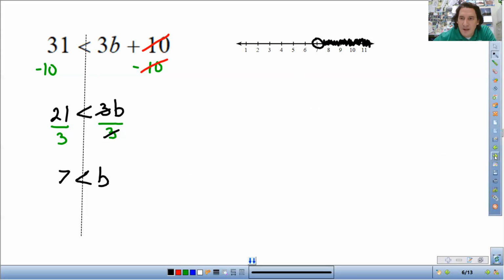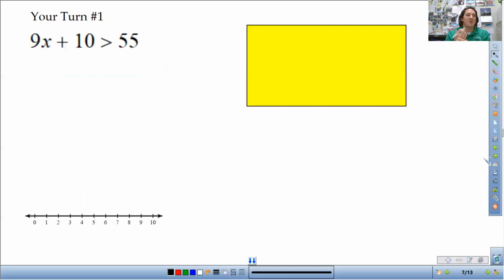All right, next example, why don't you do this one by yourself. You can pause the video. I'll work through it right now, and then when you're done, start the video again, and you can check your answer. First thing I'm going to do, line of separation. Now I'm going to eliminate the things on the same side as the x. So my first step is going to eliminate the 10. I'm going to subtract 10 from both sides.